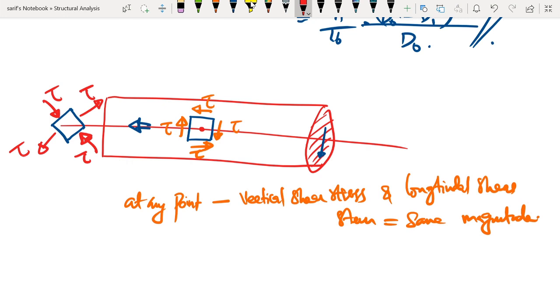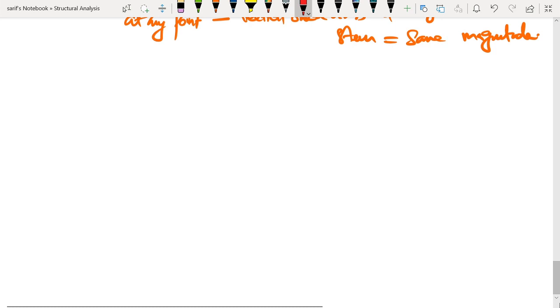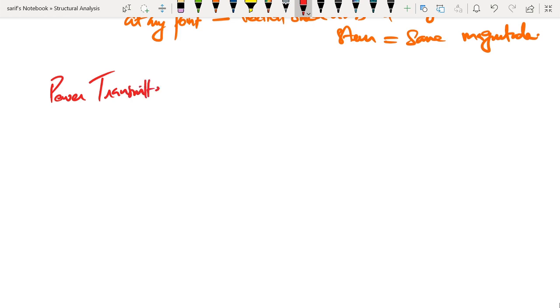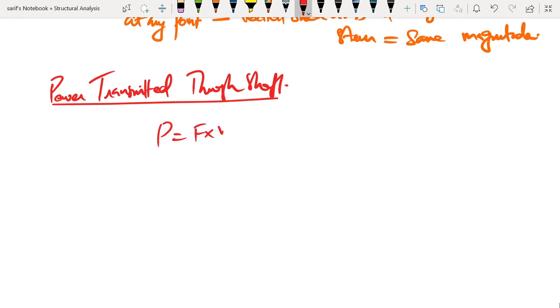And before we end this discussion, we also have to discuss one more topic, that is power transmitted through the shaft. As I told you, the shaft is used for transmitting the power from the engine to the wheels. So we have to know what is the power transmitted. We know that the power is equal to force into velocity in linear translation.